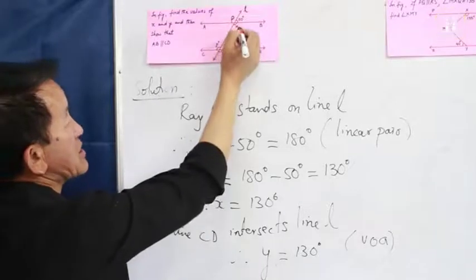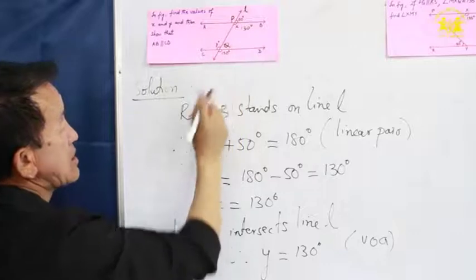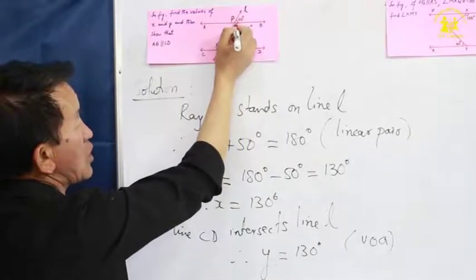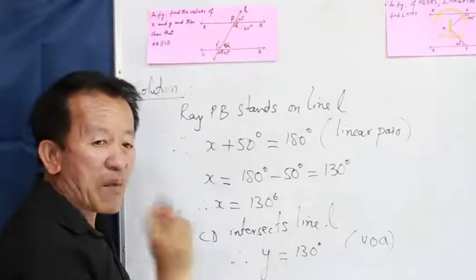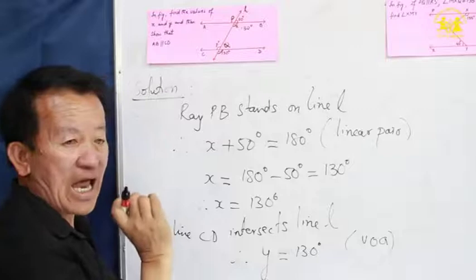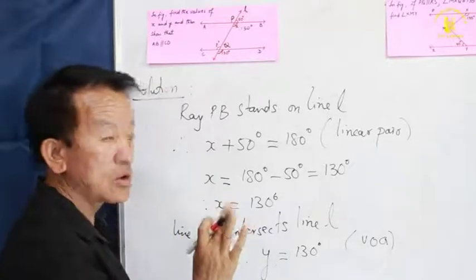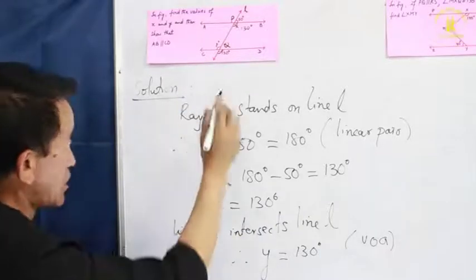Okay, so this is 130 degrees and this is also 130 degrees. Now if you closely look, these 2 angles form a pair of corresponding angles, and if a pair of corresponding angles are equal, then the 2 lines will be parallel to each other, right?